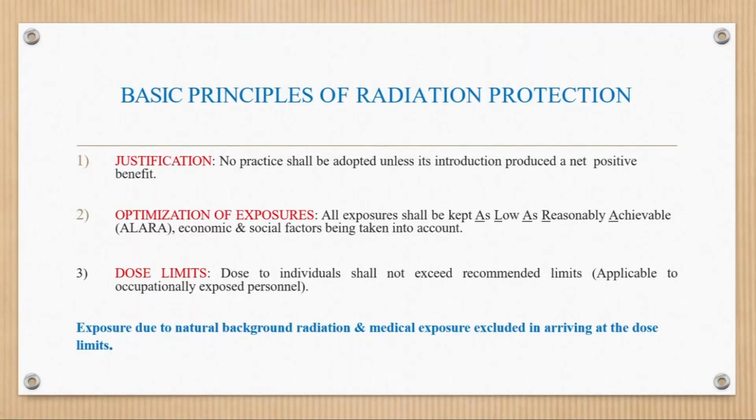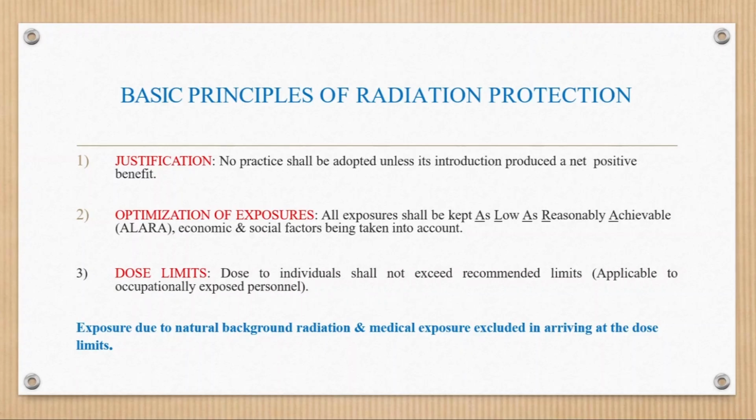You need to justify your practice or applications, because radiation application is not only in medicine, it is in industries, in nuclear power plants for energy generation, and in weapons of mass destruction. There are so many applications of radiation, but these applications have to be balanced, benefit versus harm. So your practice should be justified when you are using radiation or radioactive sources. That is called the first basic principle of radiation protection.